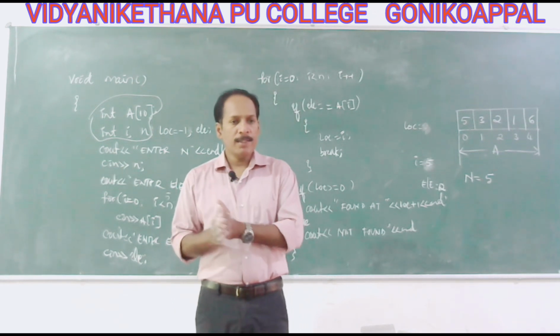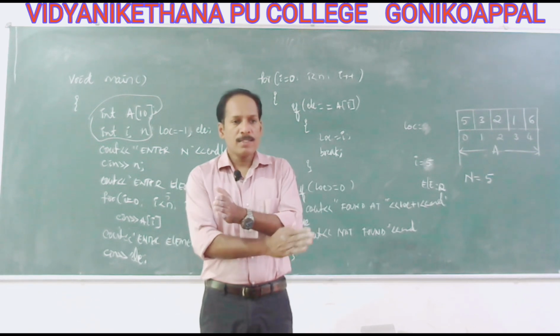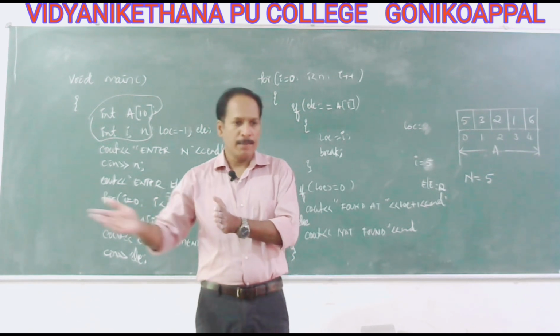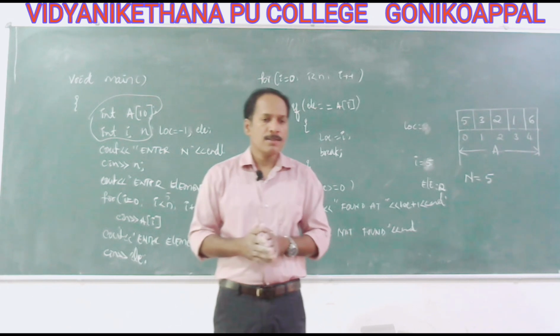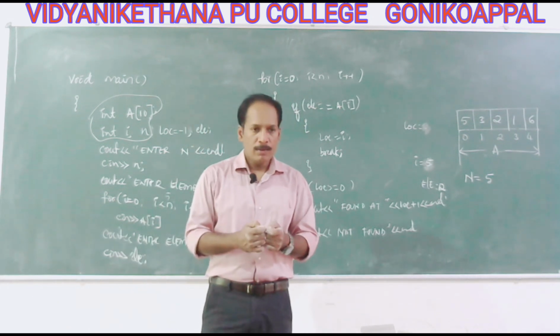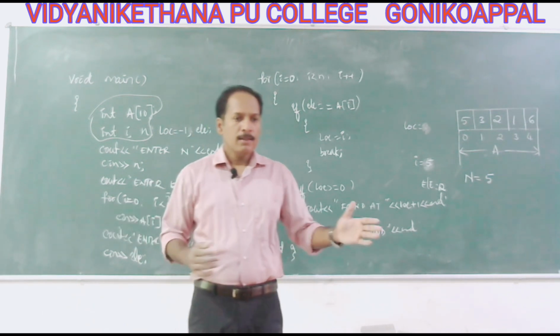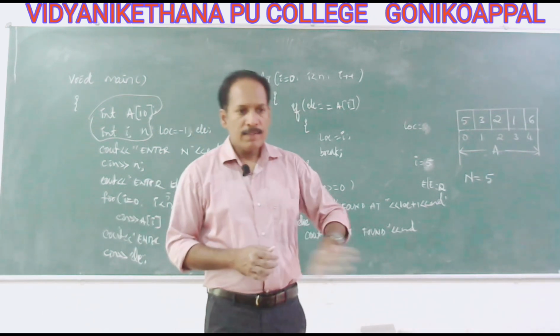So this is one possibility. Then we skip the left part and search the right of the element. That is the case when the element you are looking for is greater than the middle element. Then we search the right of it, leaving the left of the element.